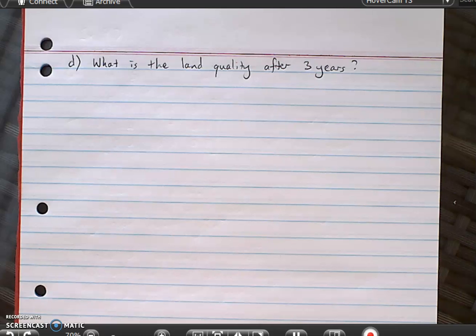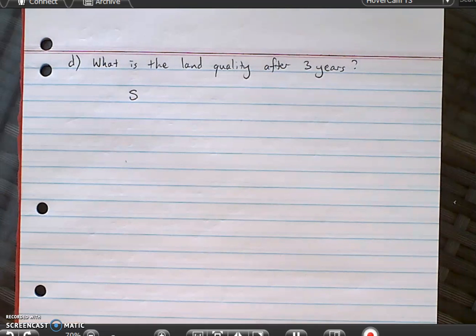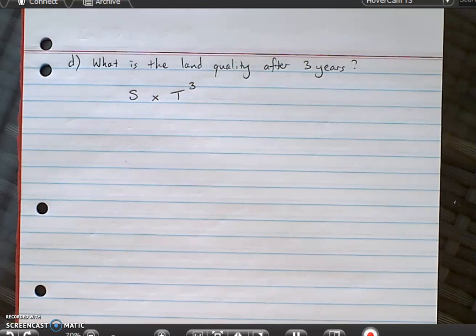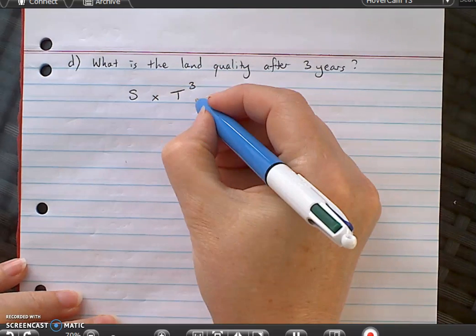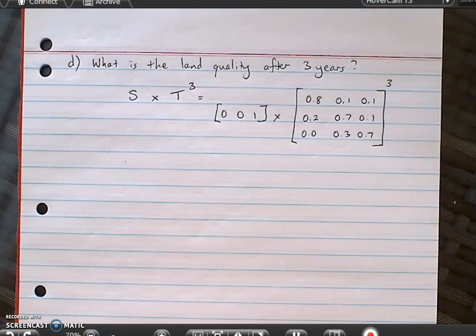Okay, here we go. What is the land quality after 3 years? So we need to use the initial land matrix, so S, and because it's 3 years, we want T to the power of 3. Alrighty, so now we have S times T to the power of 3. Work that one out.